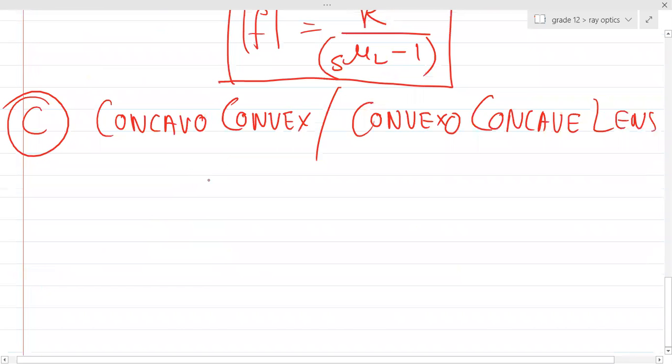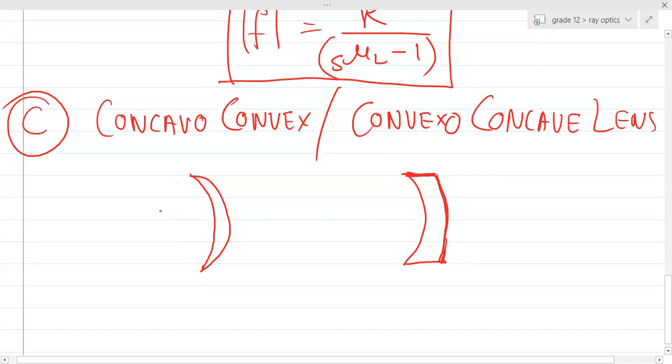So if it's either this lens or this lens, either if it is this or this, the concave or convex, you see the surfaces are intersecting. Here the surfaces are non-intersecting, right?